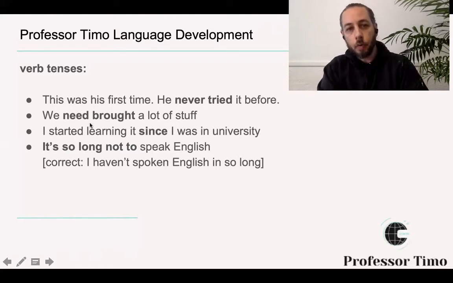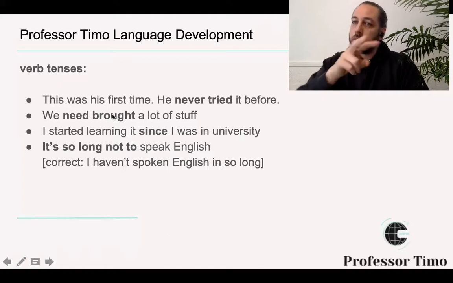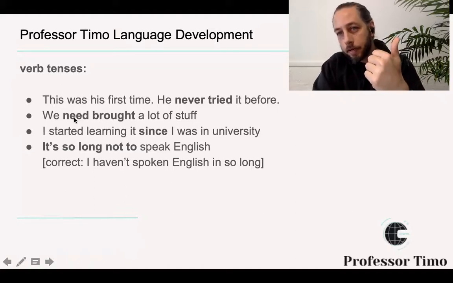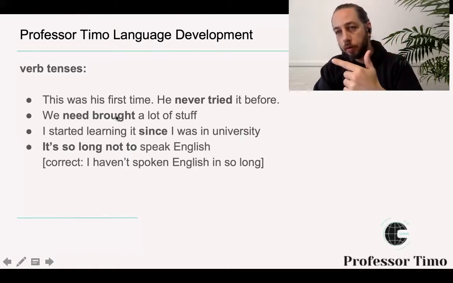The second one is a very interesting mistake. The second verb is conjugated. That's the mistake here, when you just need to conjugate the first verb. So we're trying to put it in the past tense. We needed, and then with that, this verb should be to bring.